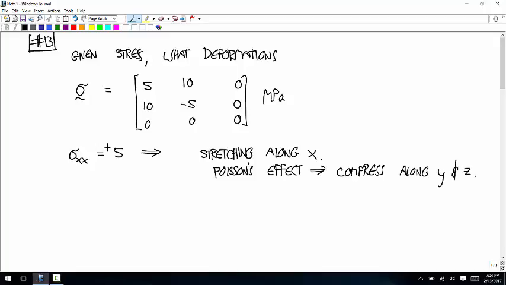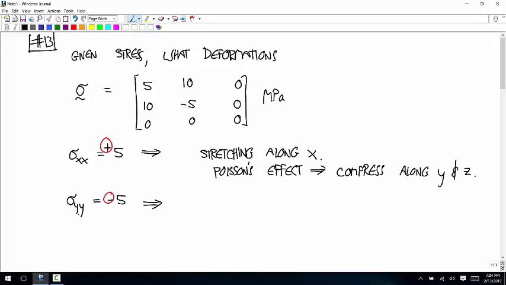And then we have the second one that says we also have a y stress equal to negative 5. Again, the key is the negative, not the magnitude.